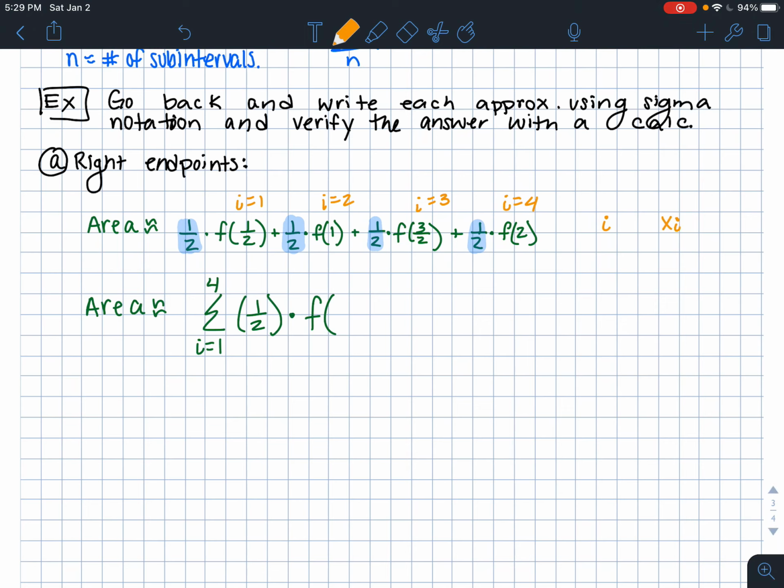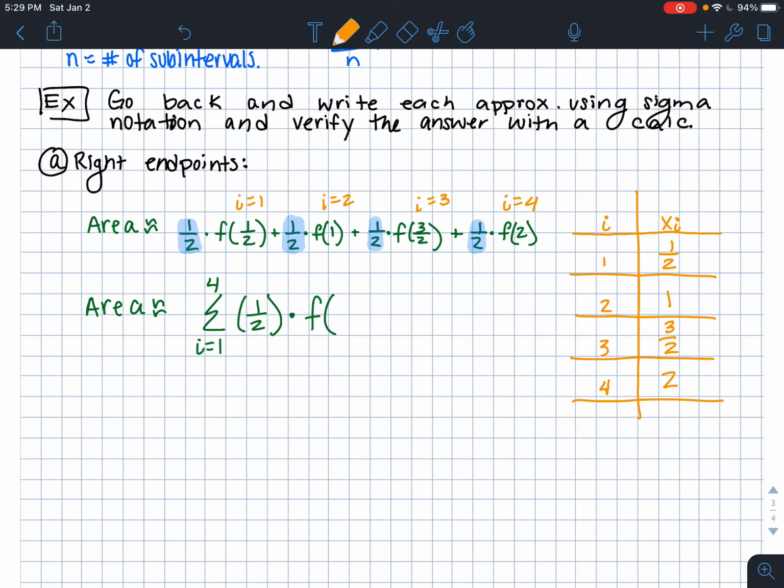We have an i, and I'm going to call this x sub i, because it gives us an x coordinate to plug in. I have 1, 2, 3, and 4. This might feel reminiscent of algebra 1. If I plug in 1, I want to get out 1/2. If I plug in 2, I want to get out 1. If I plug in 3, I want 3/2. And if I plug in 4, I want 2.